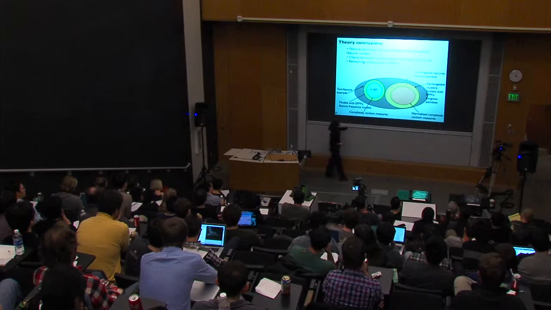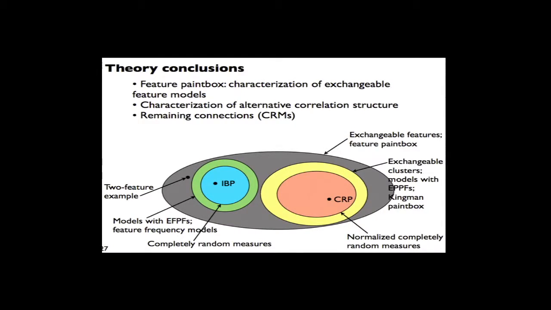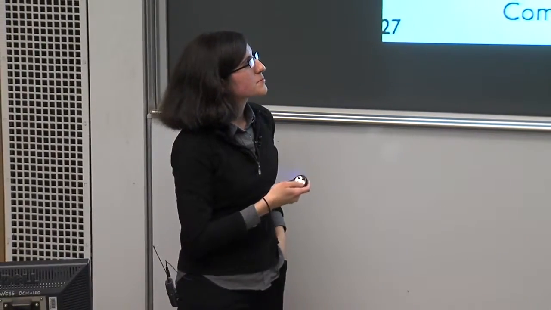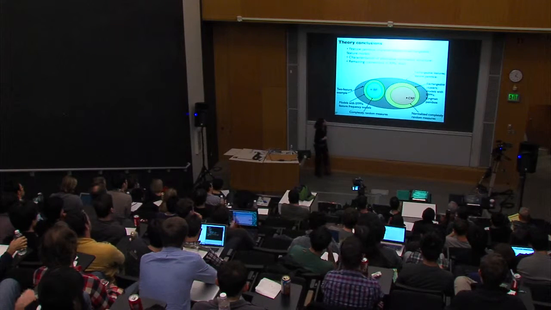There's a normalized version of this in clustering, and the Chinese restaurant process, which you may or may not have heard of, is a particular case of this model that's analogous to the Indian buffet process. And finally, there's a conception of dust in both the EPPF and EFPF cases.